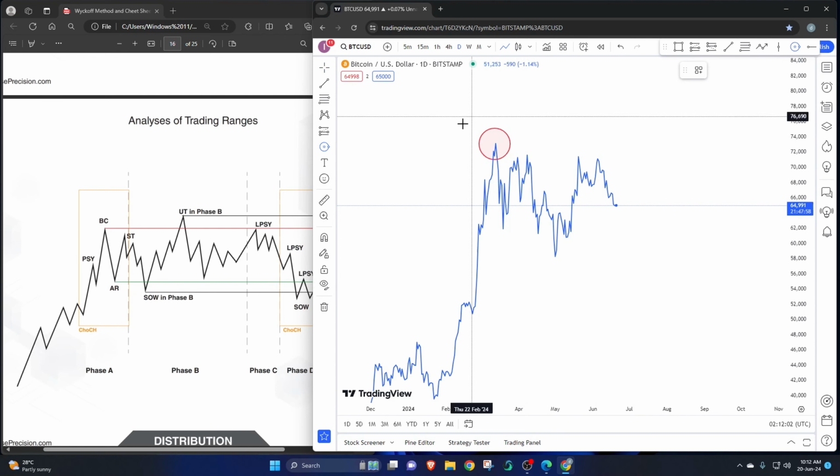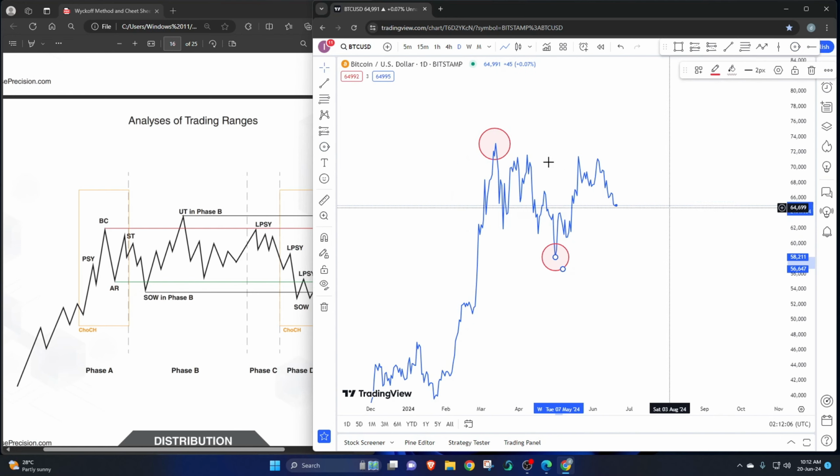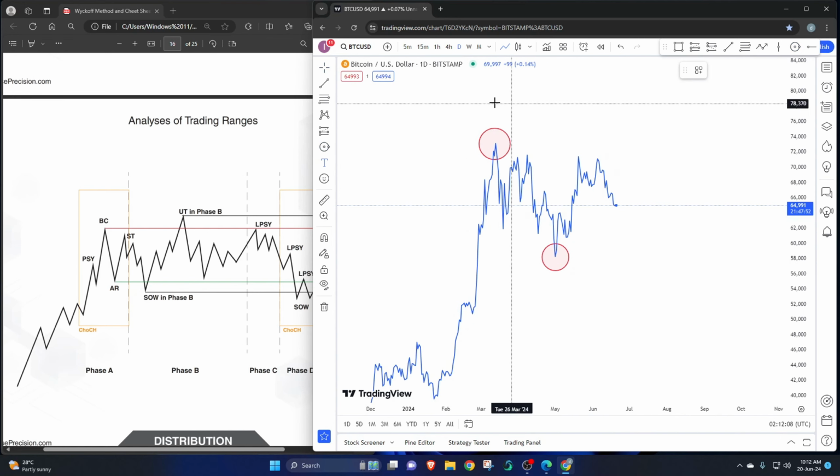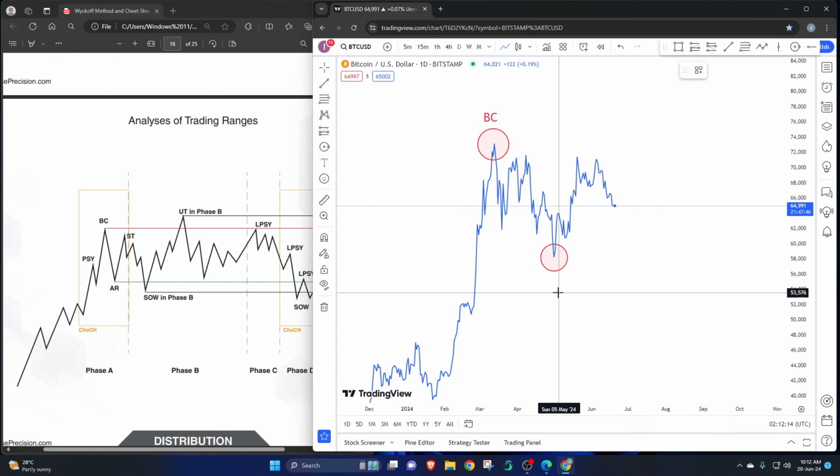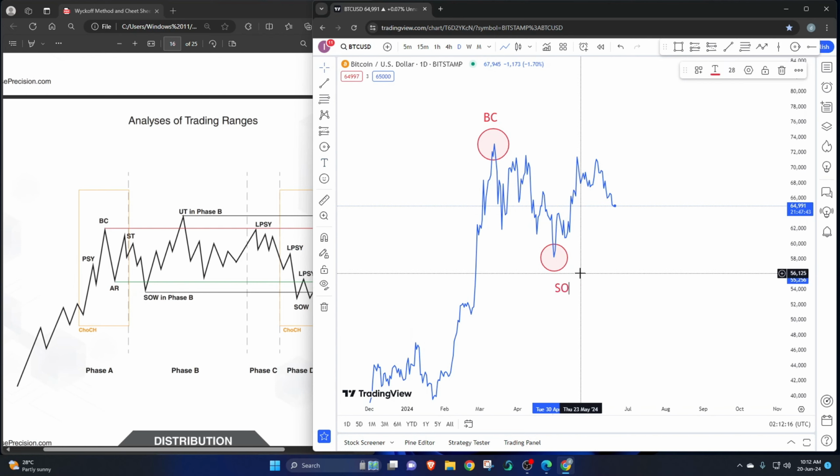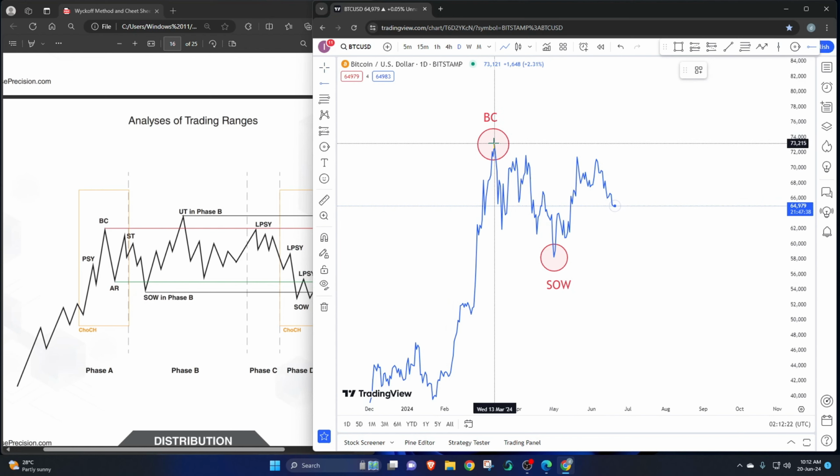If you look at Bitcoin's chart, we have a low here. Let me label it BC and SOW. Let's put some lines.